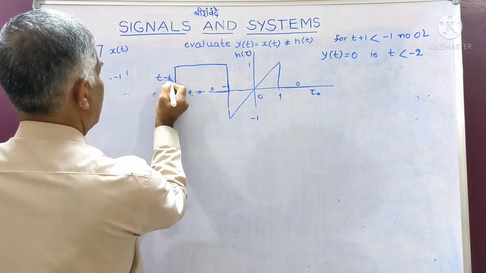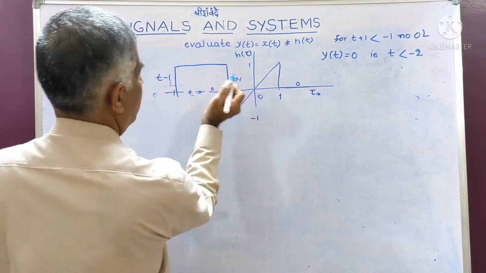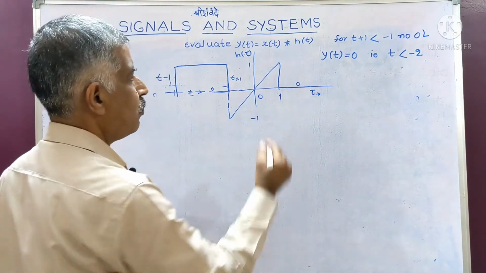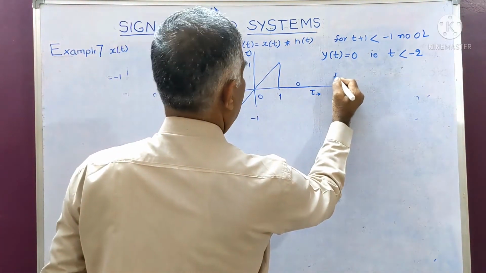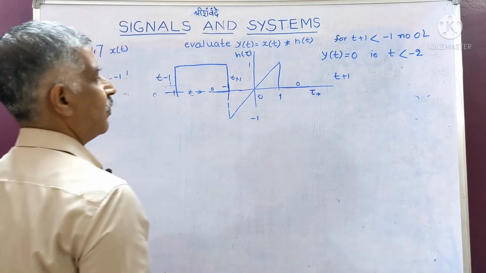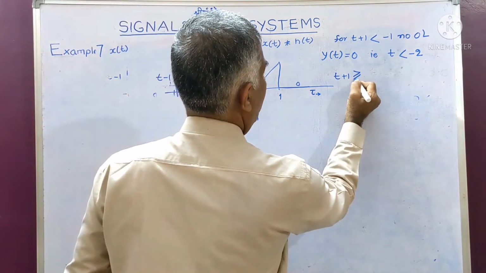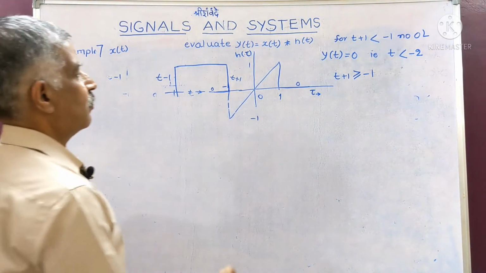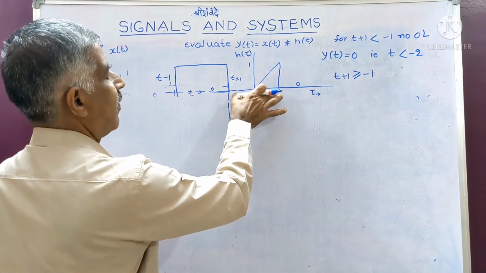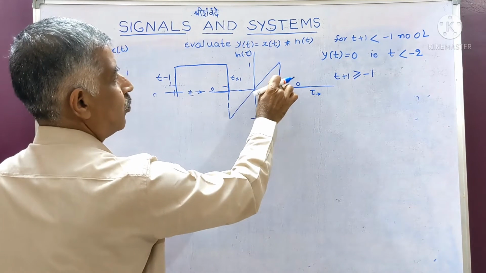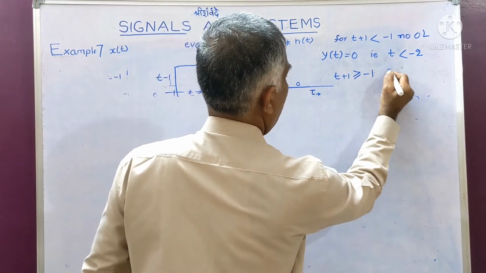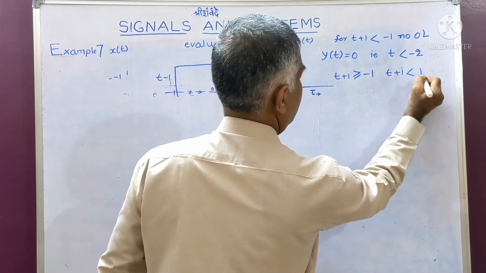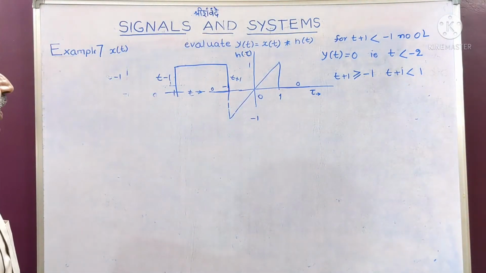This is the t minus 1 edge, this is the t plus 1 edge. Now two units. Now you take t plus 1 greater than or equal to minus 1, because the widths are the same. You move up to here, that is t plus 1 less than 1.